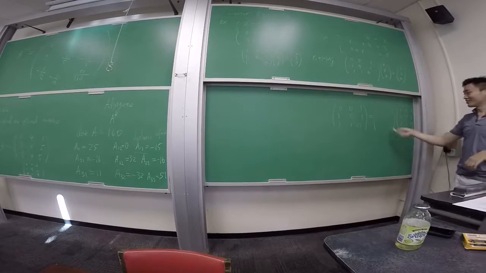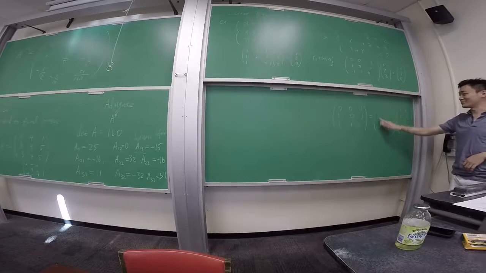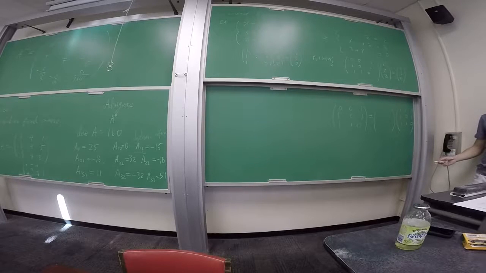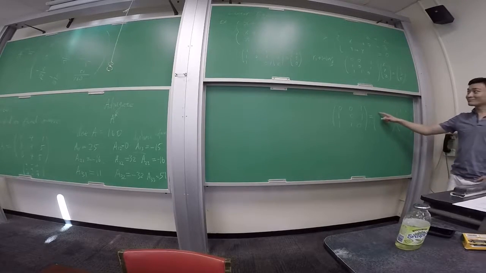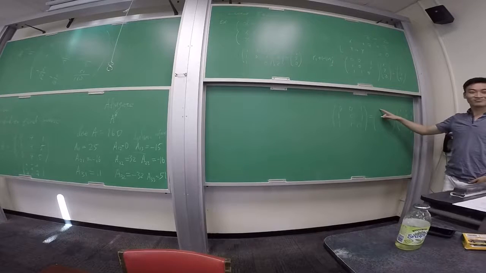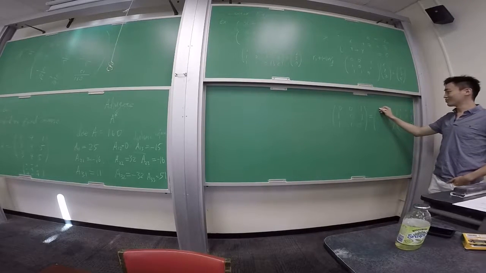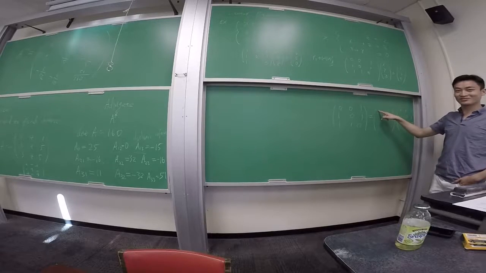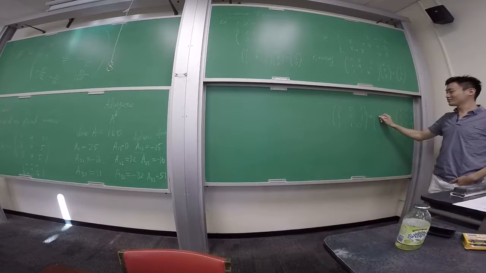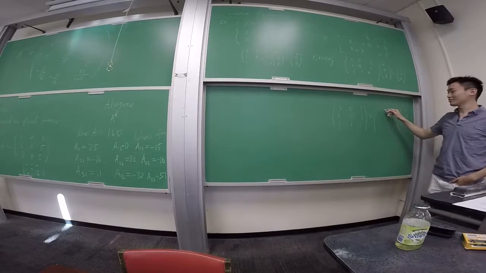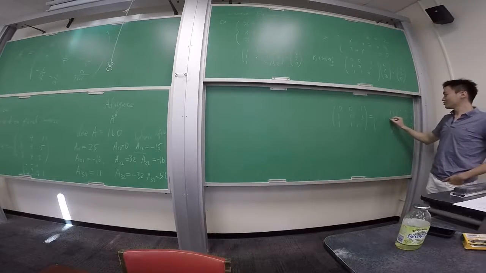Can anyone tell me the elements of this matrix column by column? Anyone can see that? Where is this element? 1, 0, 0, 0, 0, 1, 0, 0. Yeah, negative 1. 0, 1.